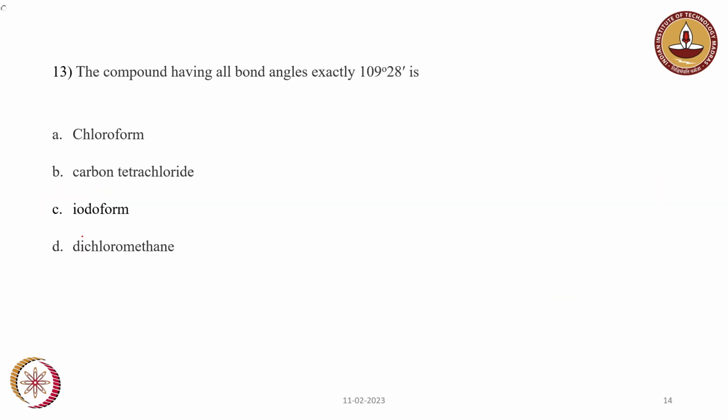And the next question is the compound having all bond angles exactly 109 degree 28 minute is. Option A is chloroform, B is carbon tetrachloride, C is iodoform, and D is dichloromethane. So chloroform's chemical formula is CHCl3, carbon tetrachloride is CCl4, iodoform is CHI3, and dichloromethane is CH2Cl2.